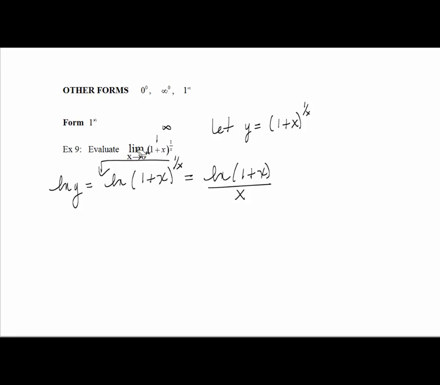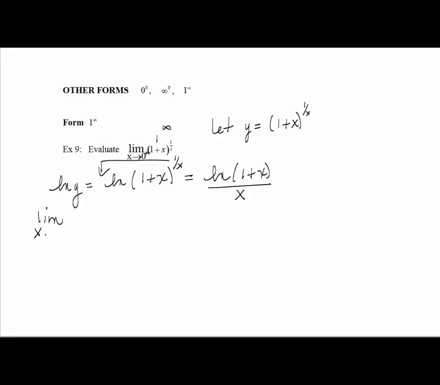So instead of taking the limit of the original function, because presently it's not in a form that we can use L'Hopital's rule, it is indeterminate, but it's not in the form of 0 over 0 or infinity over infinity. My goal is to try and force it into that form. I'm going to take the limit of the natural log. That's the reason why we took the natural log.